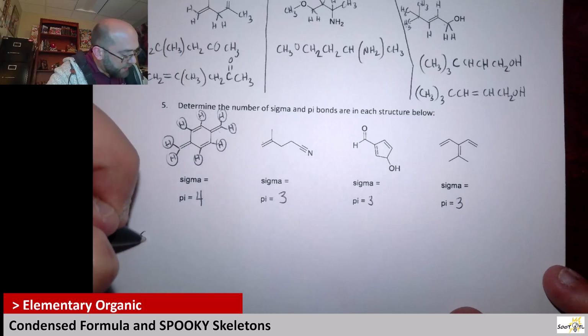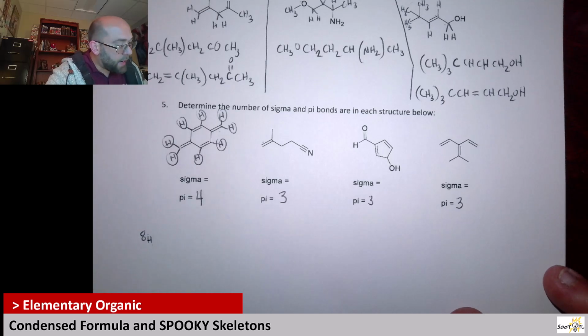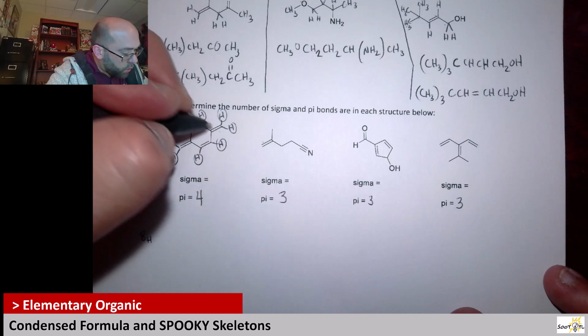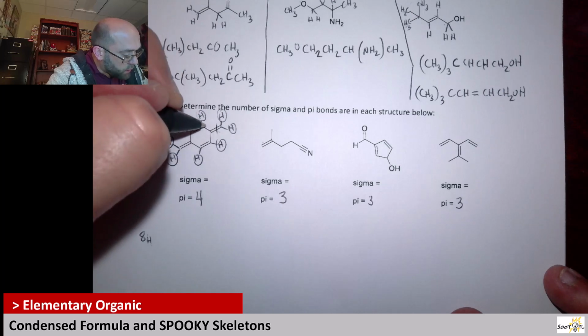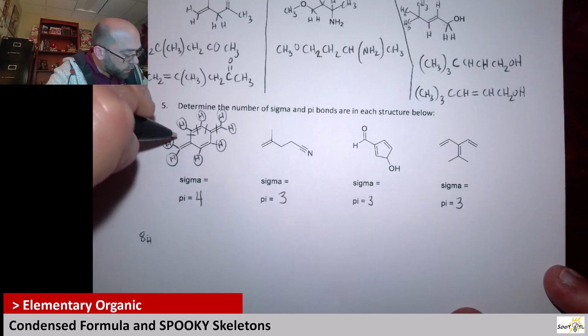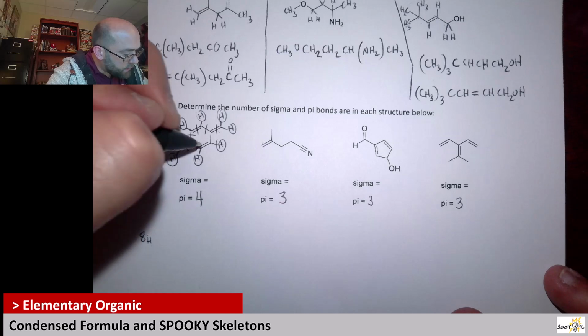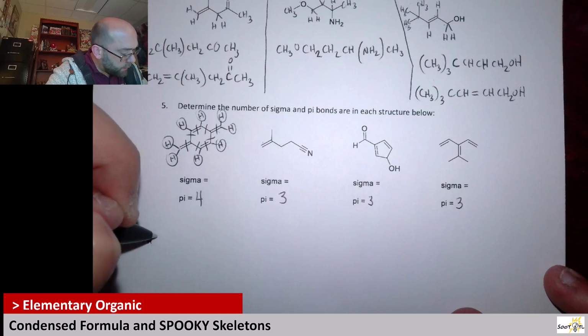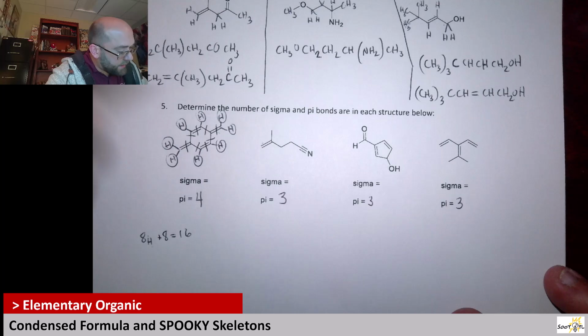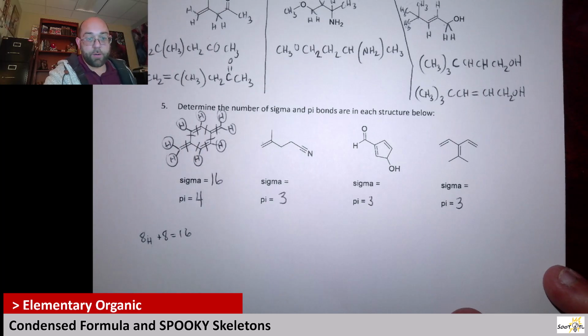All right, so I got 8 sigma due to hydrogens. Okay, so I'm going to put 8H. Now, in terms of the others, I've got 1, 2, 3, 4, 5, 6, 7, 8. And then plus 8. So I have a total of 16 sigma bonds in this structure.